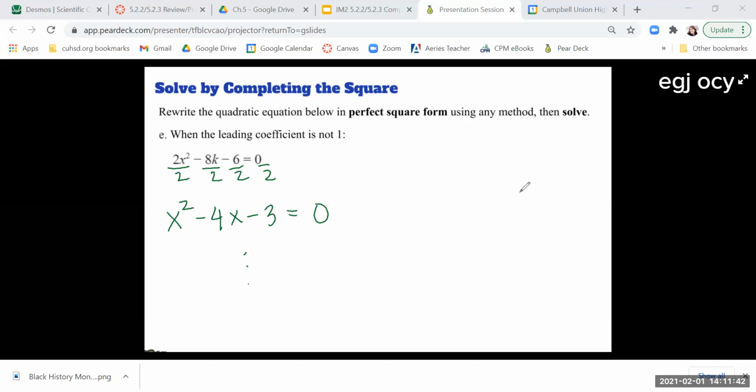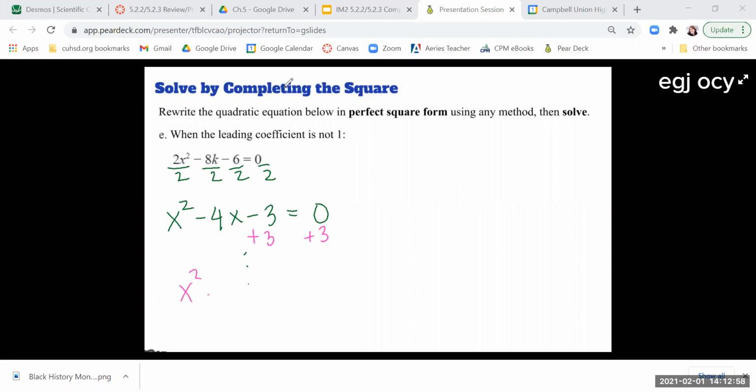All right, so to finish this, let's do our equation style one. How about? All right, so I'm going to add 3 on both sides. So now I have x squared minus 4x equal to 3.